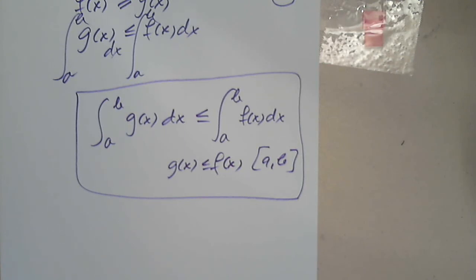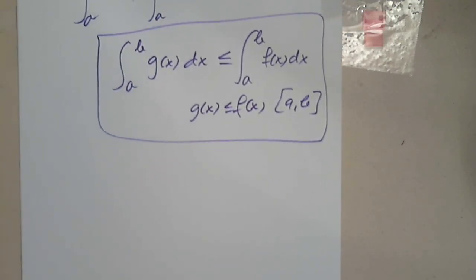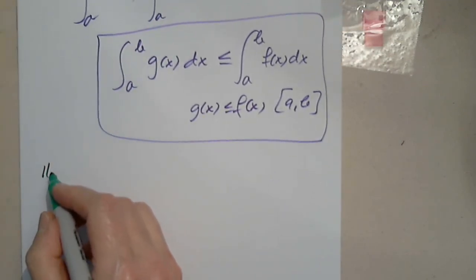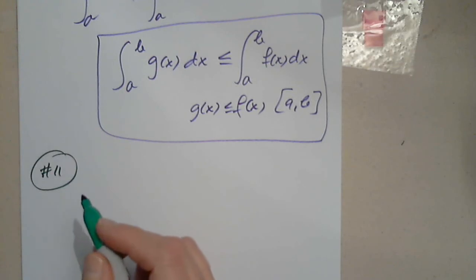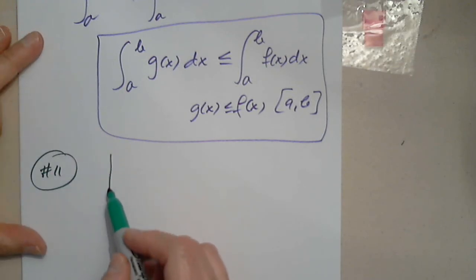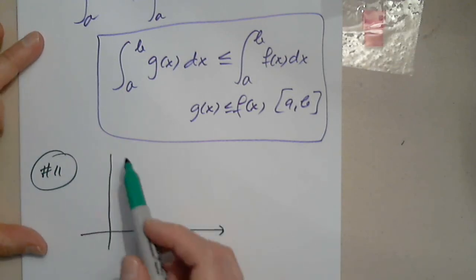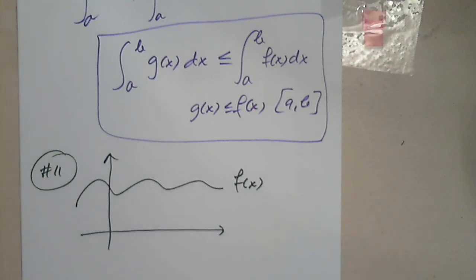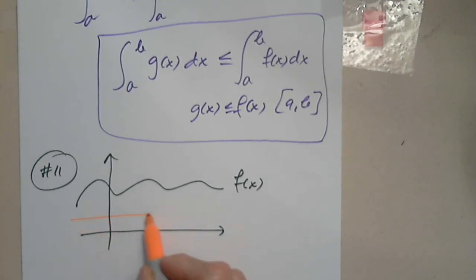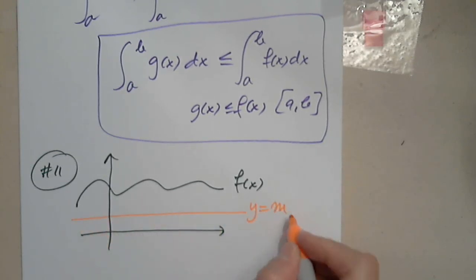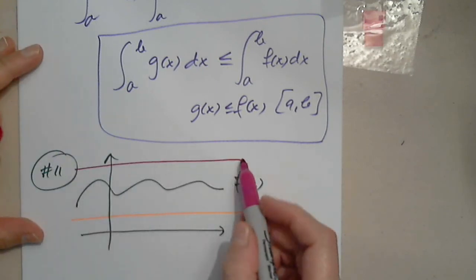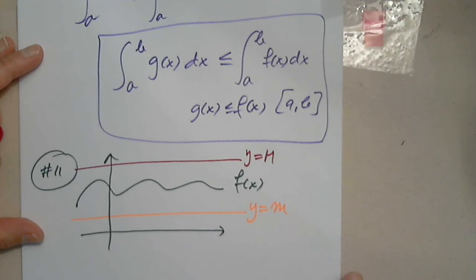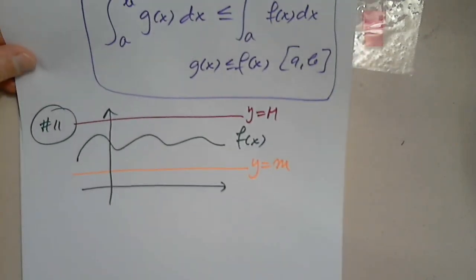Okay, I have number 11. Let's take a look at this scenario. Here's function f. Here is a number m, and here is a number uppercase M. These are straight lines.